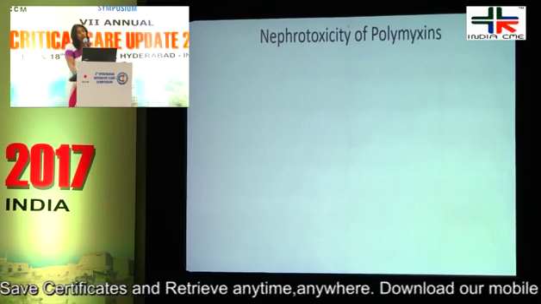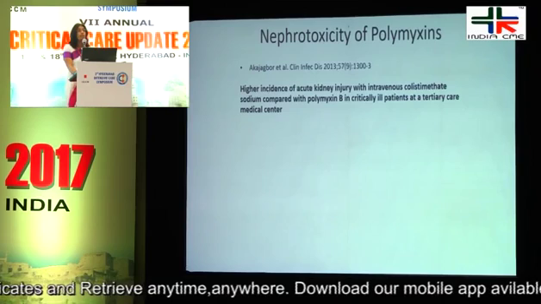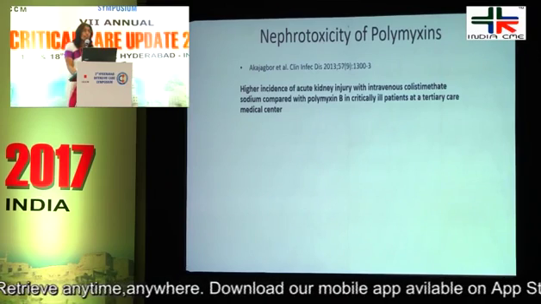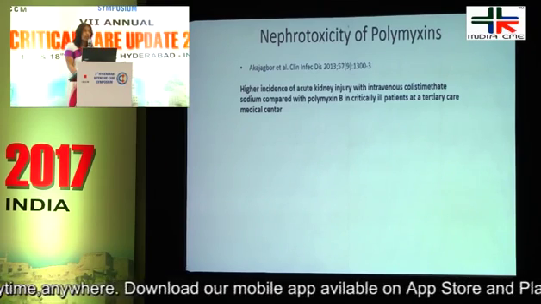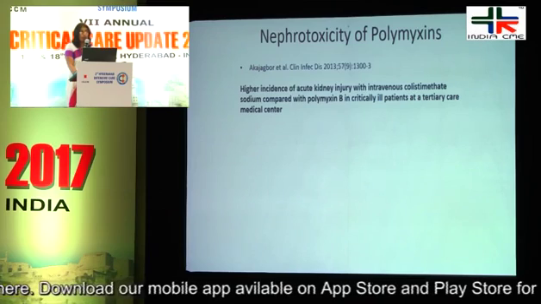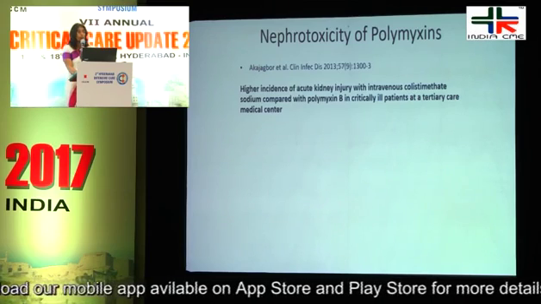A little more on the nephrotoxicity of polymyxins, because the scare of nephrotoxicity prevents most of us from dosing polymyxins appropriately, which is both polymyxin B and colistin.